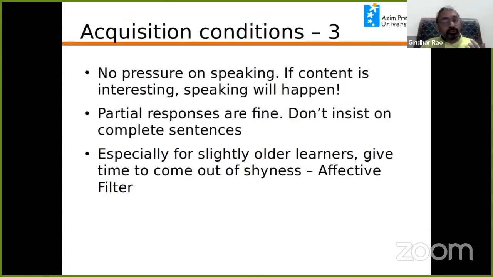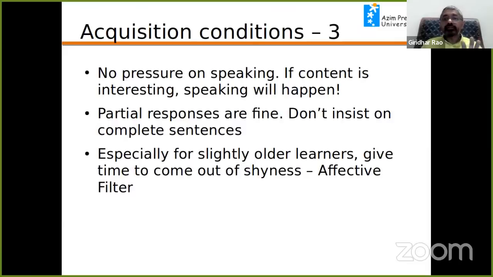Also, this is an interesting point, that listening is not a passive activity. Listening is actually quite an active practice that the learner is doing. So you don't need to put pressure on speaking from day one, right? Just listening to you, the teacher, speaking about the content in English is a process of active listening that the learner is undergoing.